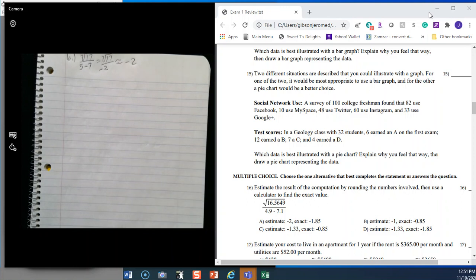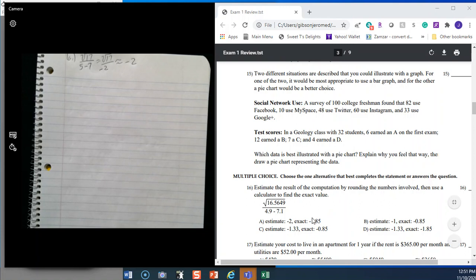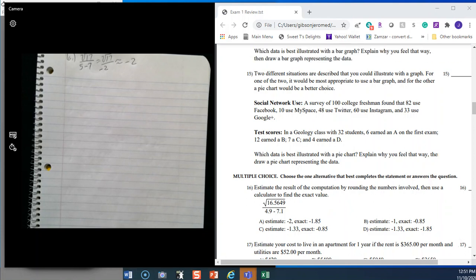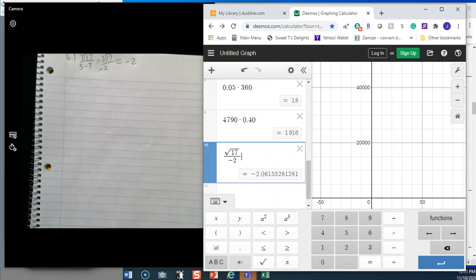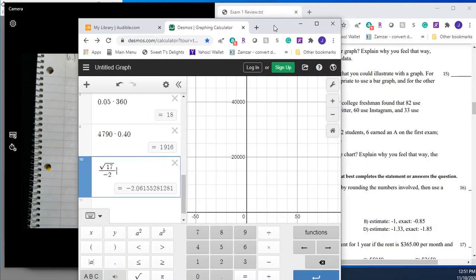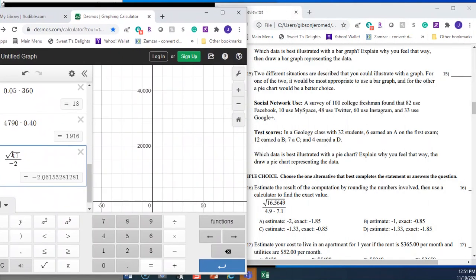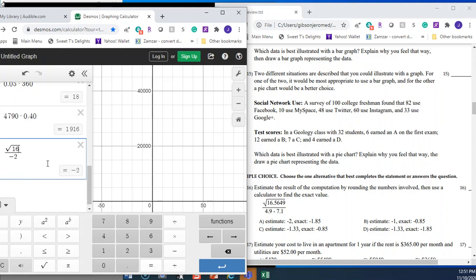All right. Now we want to do the exact value. So the exact value, put that in our calculator. I'll just scoot this over here so I'll be able to get a better view of it. So it'd be 16 point, what's that, 5649. That'll be the numerator.